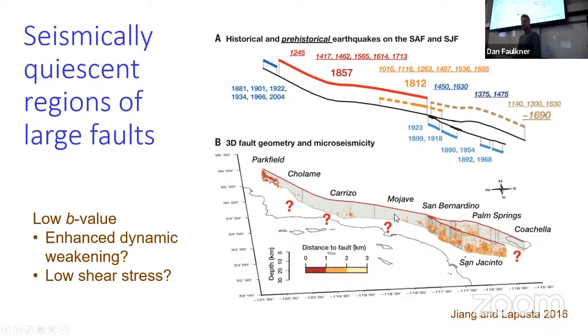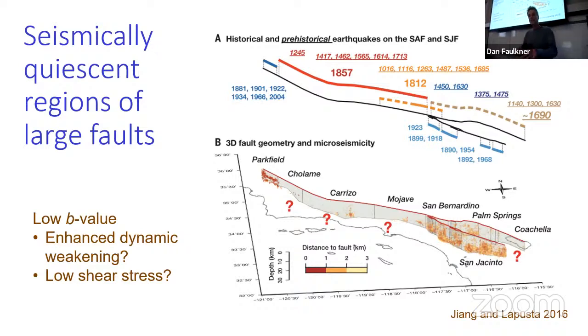There's a number of ways to interpret that. Maybe the fault is strengthened and we're not producing many earthquakes there. But from the modeling that we've done, one suggestion for why we've got these really seismically quiet parts of the fault is that when we do get an earthquake on the southern San Andreas like that, it's so huge that it reduces the shear stress on the fault after the earthquake to almost zero.